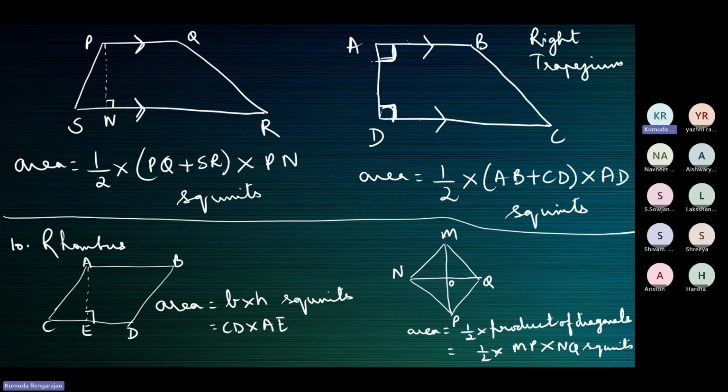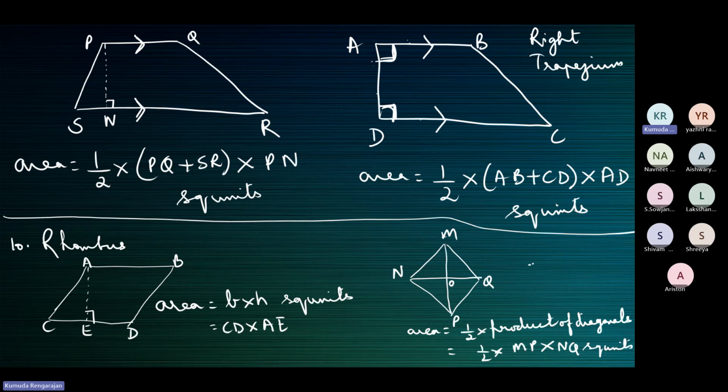So half into MP into NQ, square units. If the lengths of the diagonals are given, then you're going to find the area using the formula half into product of diagonals. That is half into diagonal 1 into diagonal 2. You can also say half D1 D2, children. Just make a note of that.